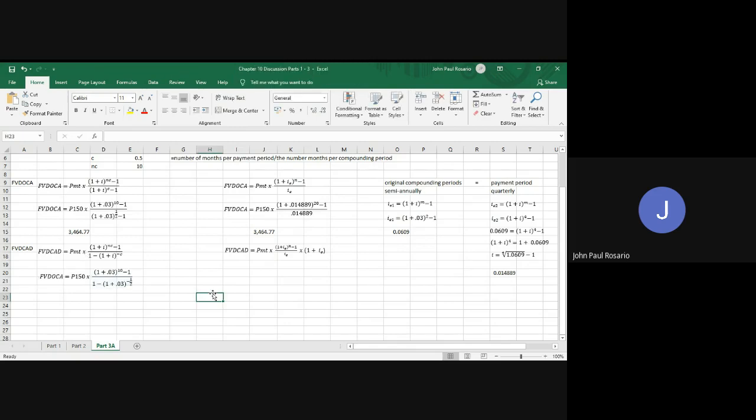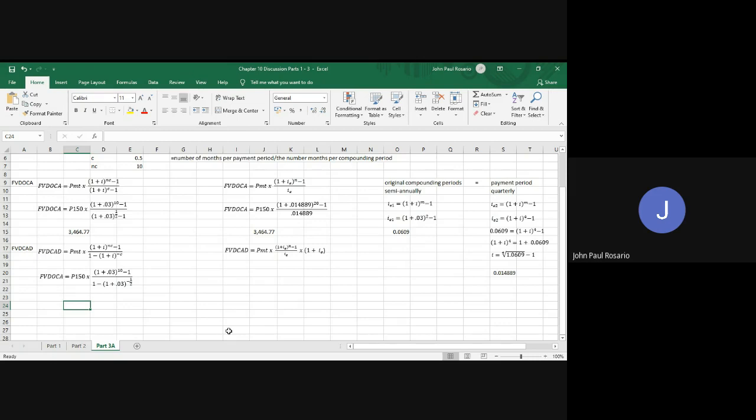Okay, so with that, if we solve this using our calculators, let us see what will happen. So that's 150, and then we have a 1.03 raised to the power of 10 less 1. On the denominator, we have a 1 less 1.03 raised to the power of negative 1/2.